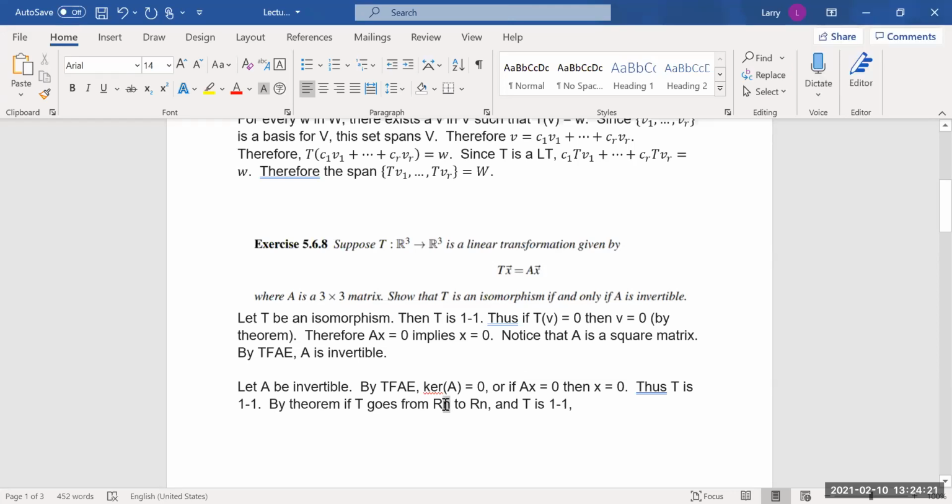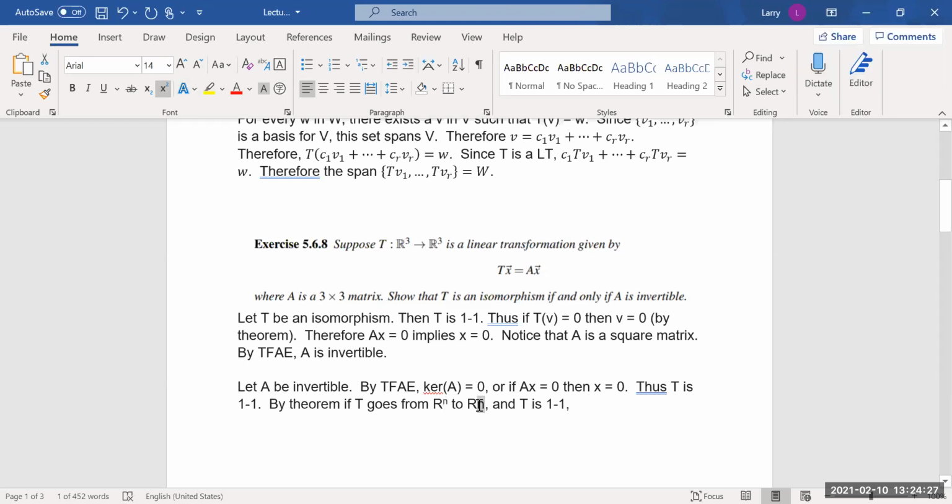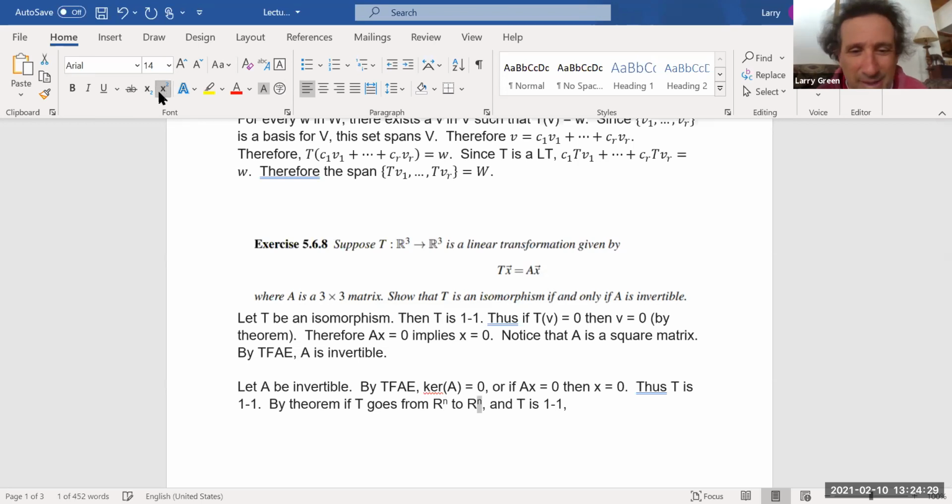It's also onto. Yeah, and in particular, in one big word, isomorphic. Yeah, T is an isomorphism, not ic, but ism. It takes a while to get used to the language. So T is an isomorphism.